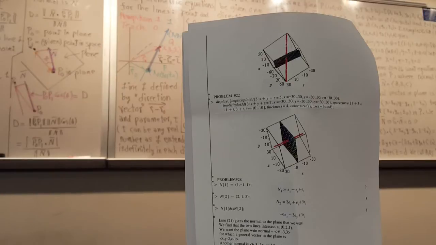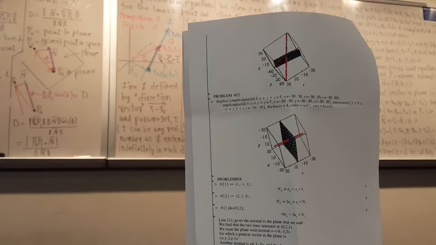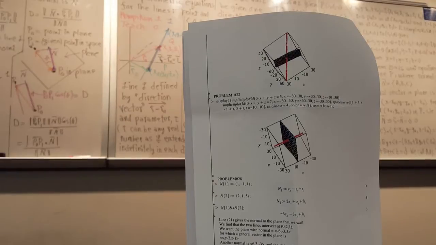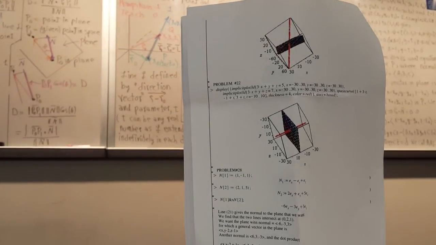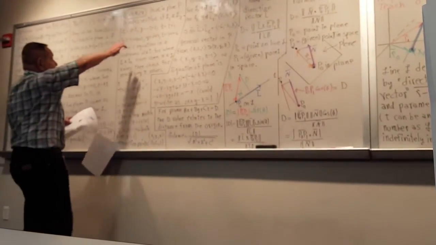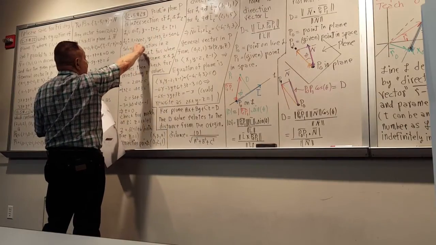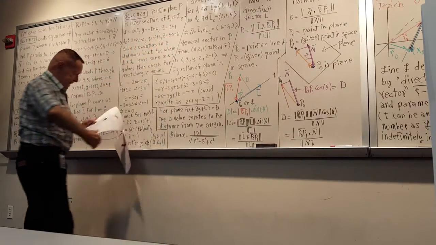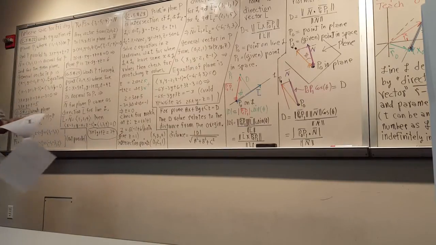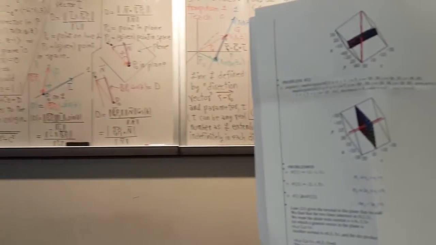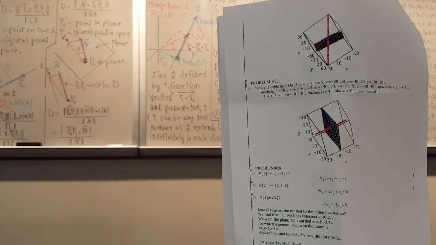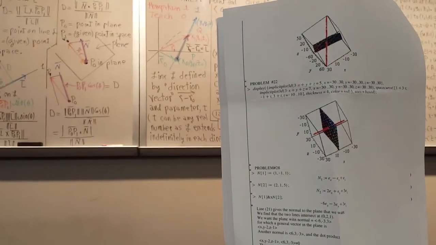Then with problem 28, you see I found the normals for the lines 1 and 2. I've used my direction numbers. I've used 1, minus 1, 1, and 2, 1, 5. And then I have used vector calculus to do my cross product.